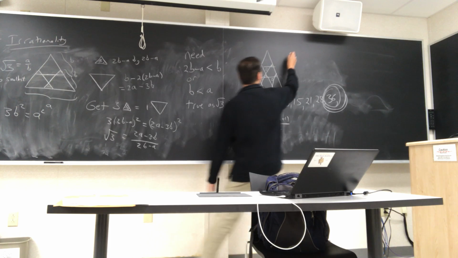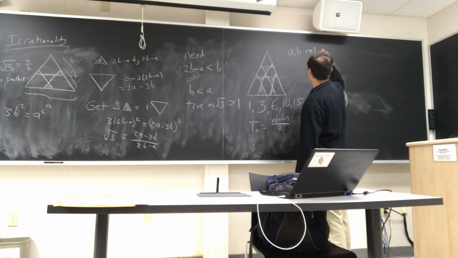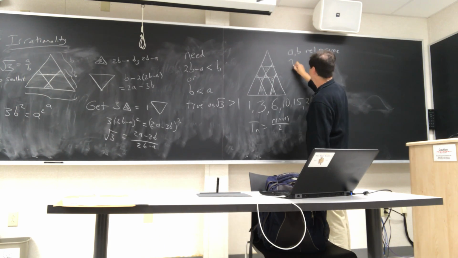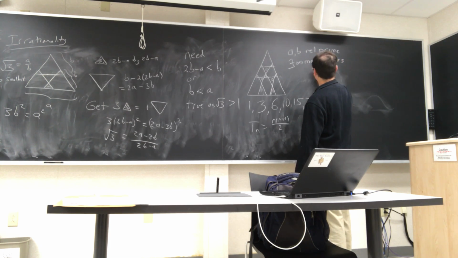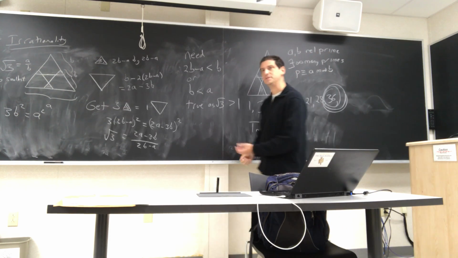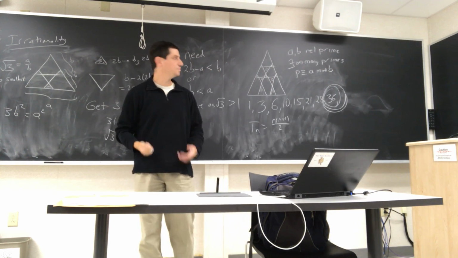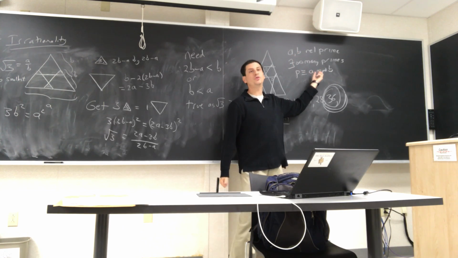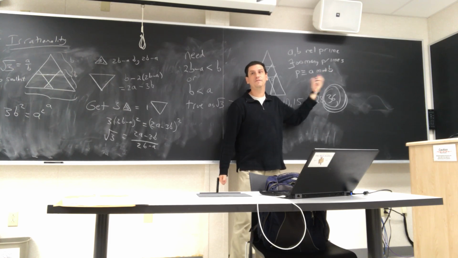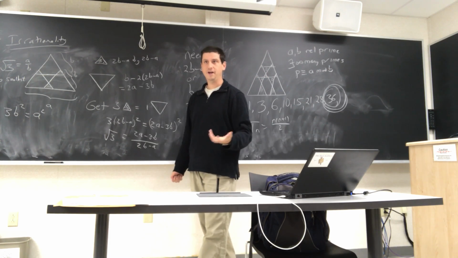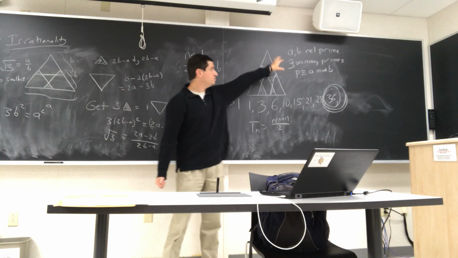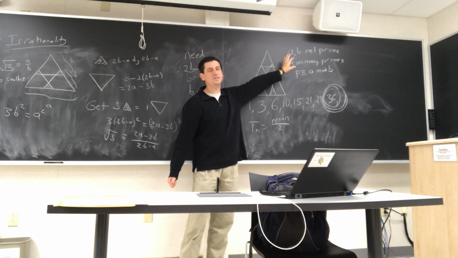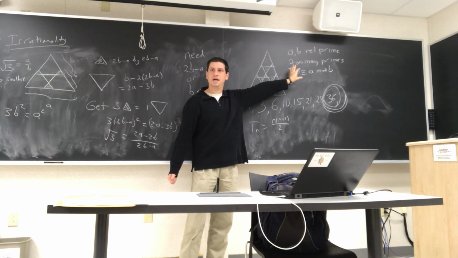If A and B are relatively prime, there exist infinitely many primes P congruent to A mod B. If A and B are not relatively prime, you don't expect this to hold. There aren't going to be infinitely many primes congruent to 5 mod 15. There's at most 1, 5. So Dirichlet says, as long as you're not in that degenerate situation, what you expect happens.